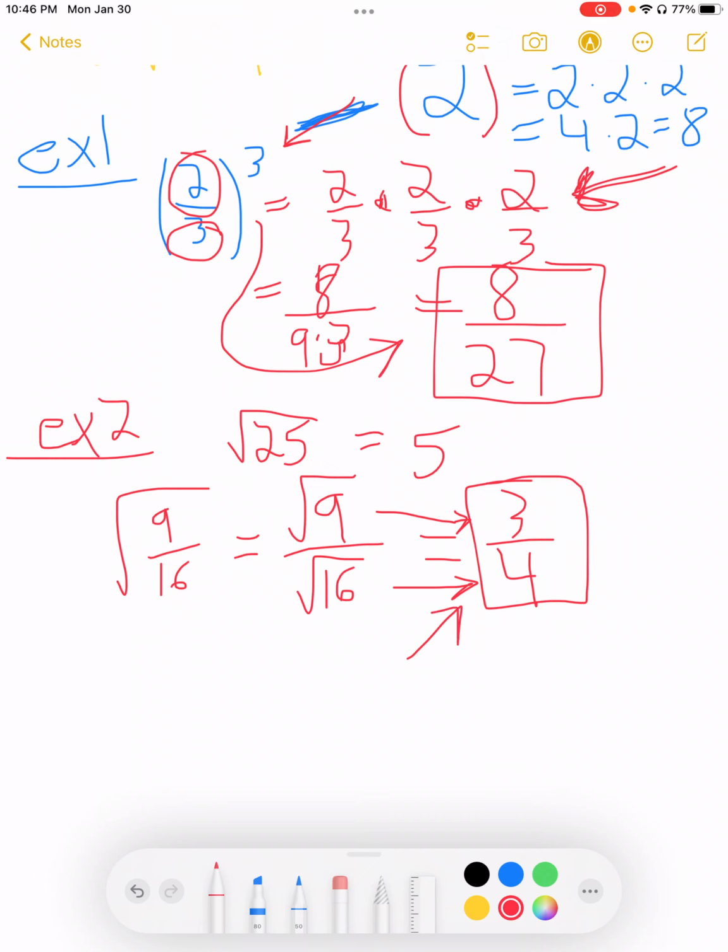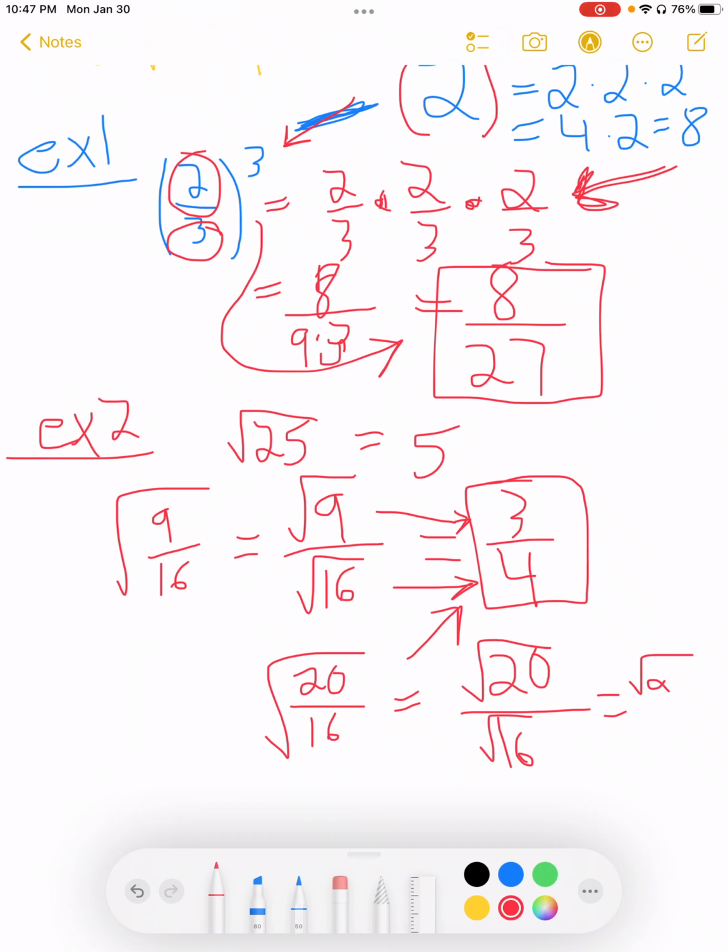But if I, for example, did, I don't know, square root of 20 over 16, which we'll do later in algebra, then you can say, okay, well, on the top there's no perfect whole number that works for that, so I could just leave it like it was, and then for the bottom, I'll have square root of 16. So the top just stays square root of 20, and then the bottom is 4, something like that.